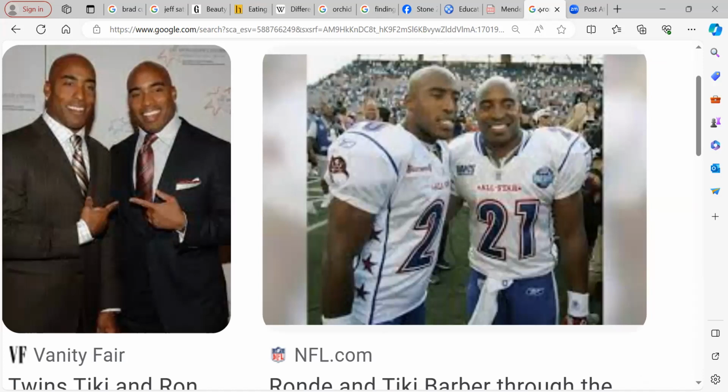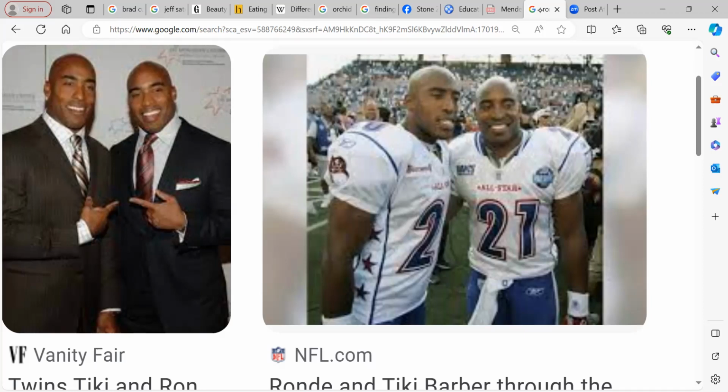You got to be bigger, able to take a hit and plow through a tackle. Tiki got bigger than his twin brother, likely due to a different diet and a different exercise regimen. Despite the fact they're twins, I remember growing up, when I was in high school, they were playing, and I remember always being able to tell the difference between Tiki and Ronde because Tiki was just a little bit bigger because he was a running back. He had more muscle. That's, again, another example of the environment shaping your phenotype.